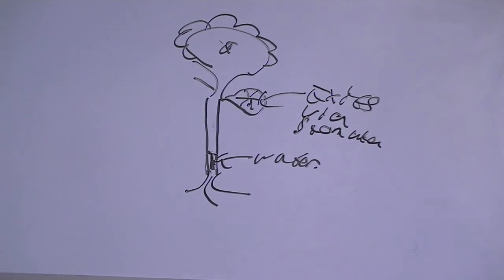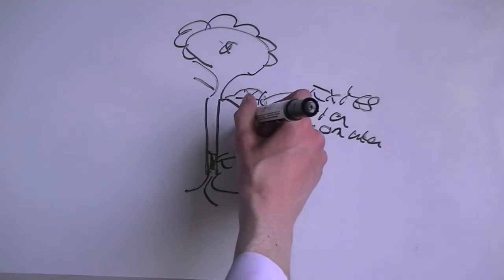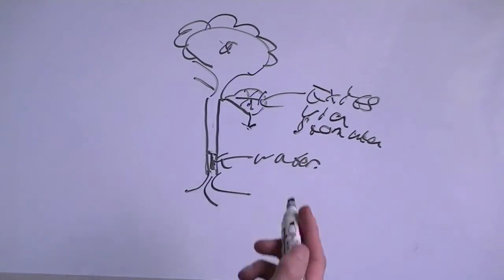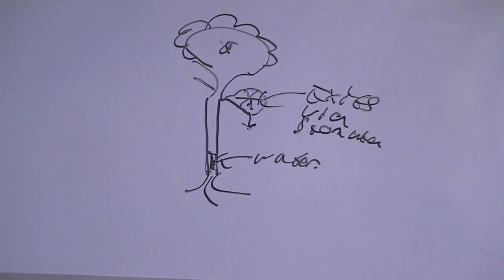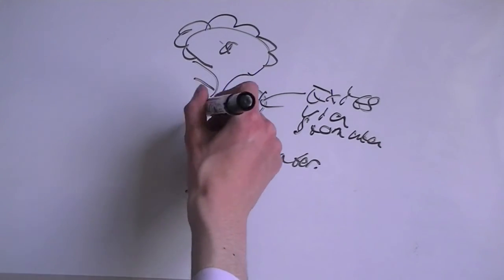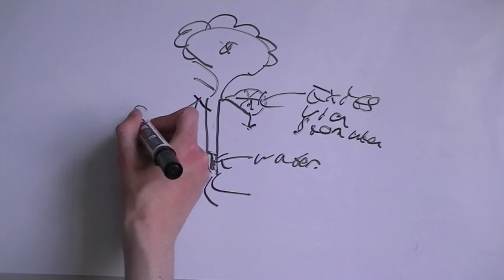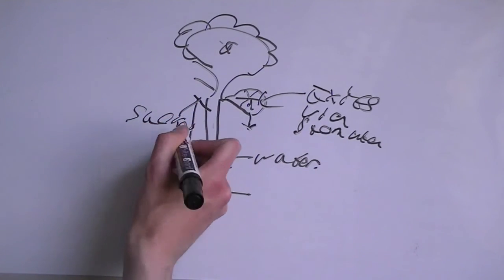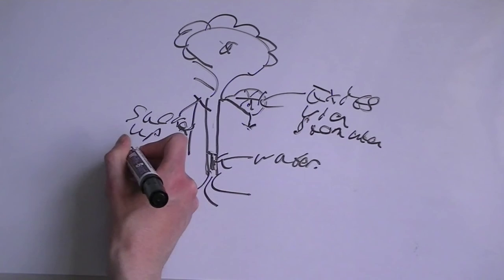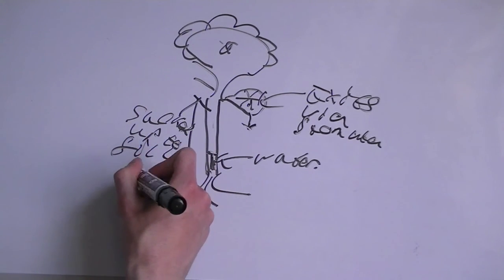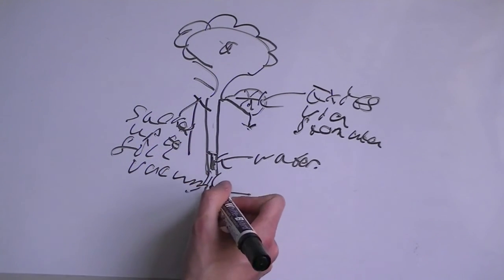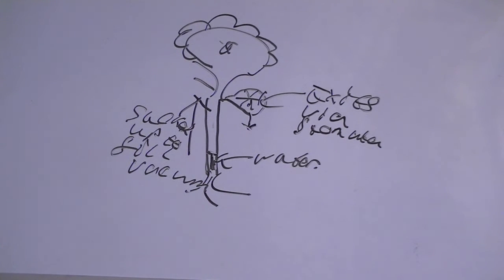And this water, because it exits, creates a vacuum effectively, because it has to have something to fill that space. Now, to fill that vacuum, the water will then be sucked up. And that effectively is how water moves against gravity through the plant, allowing the plant to use the water in different areas.